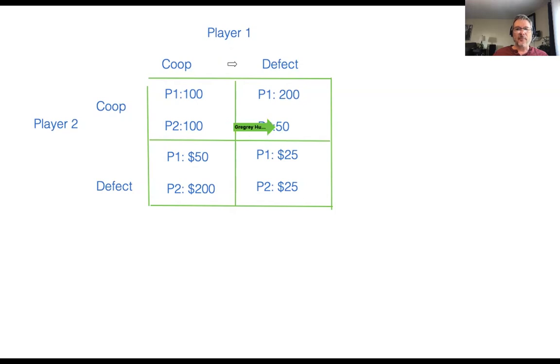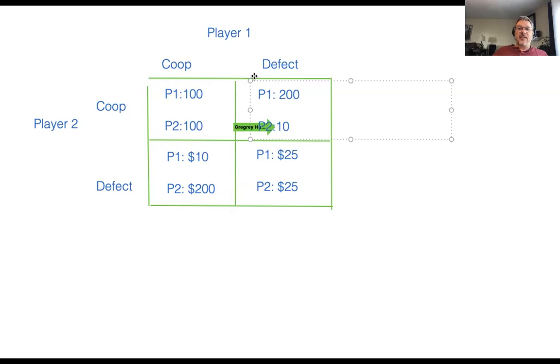So let me modify my payoffs to make sure that I'm giving you the right prisoner's dilemma. So let's say 10. Okay, that'll work.